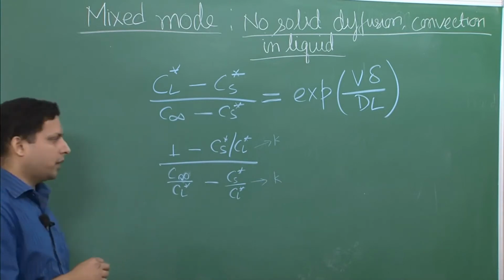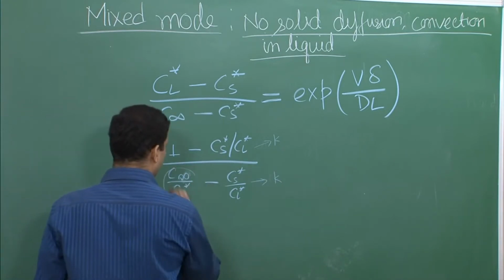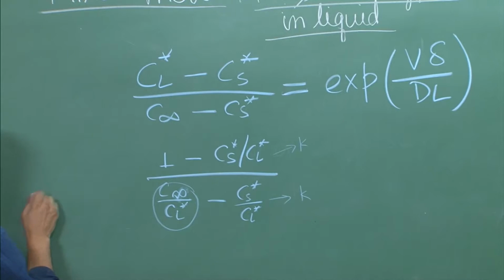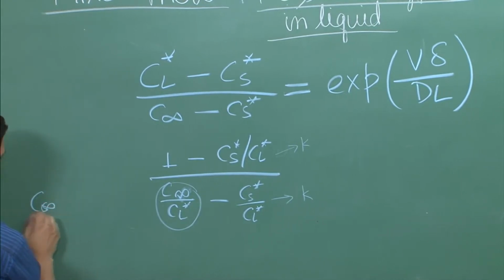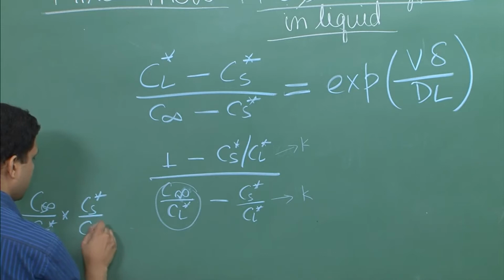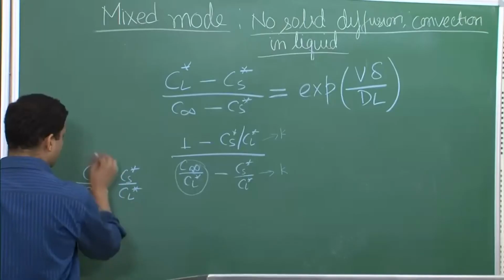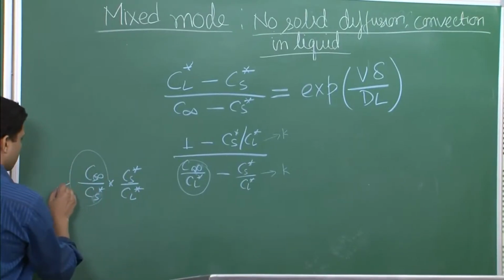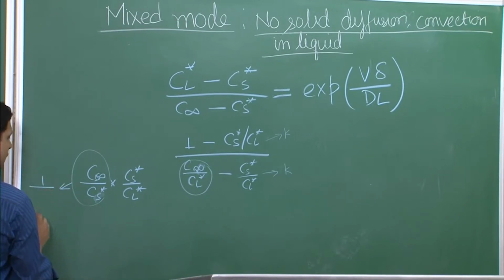But what about this one? If you look at this, this can be written as C infinity by CS star into CS star by CL star. What is this? You remember we defined something as K effective.